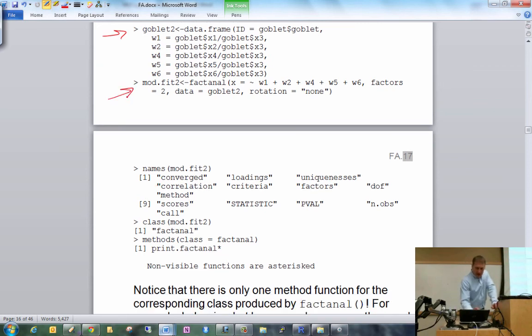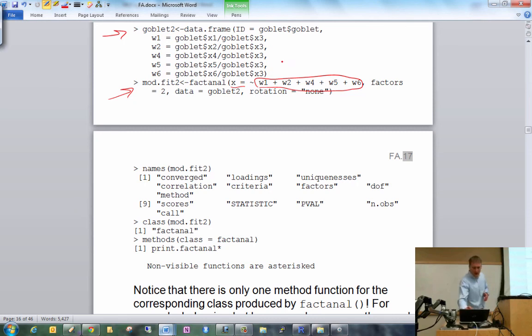And here's how I use the fact_anal function. The first argument in it is x. This is where you put in essentially what your original variables are: W1, W2, W4, W5, and W6. Notice we're using a similar syntax as what we did with the print_comp function.